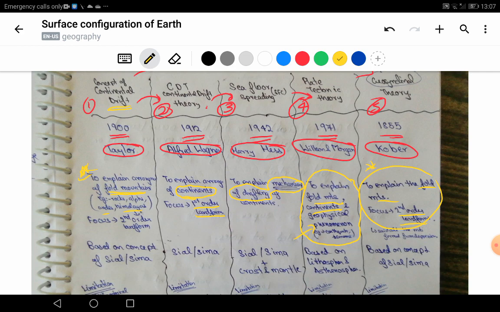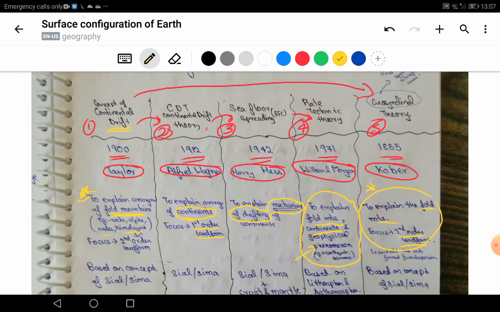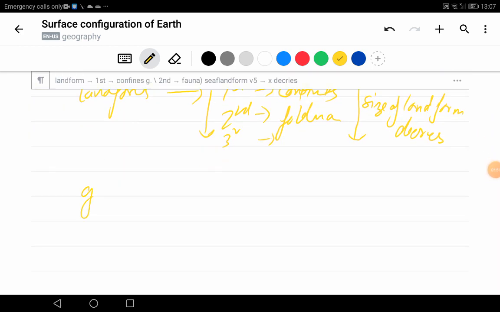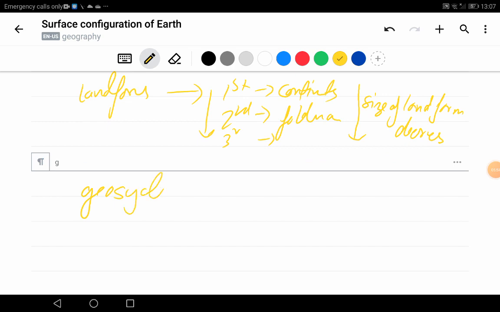One more thing we need to understand is the meaning of geosyncline. Geosyncline actually means a shallow depression.